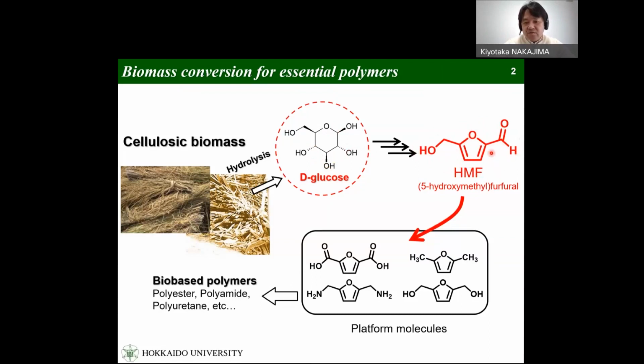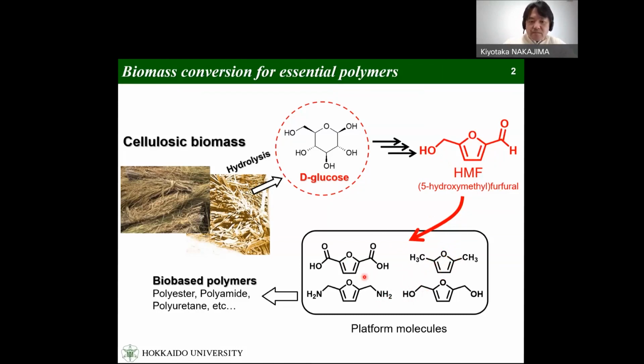This is an attractive molecule for chemical production because we can convert these two functionalities as we like. For example, we can convert them to carboxylic acid, amine, and diol, and utilize this molecule for polymer application. And when we remove the oxygen from this one to synthesize dimethylfuran, this can be utilized as a fuel additive.